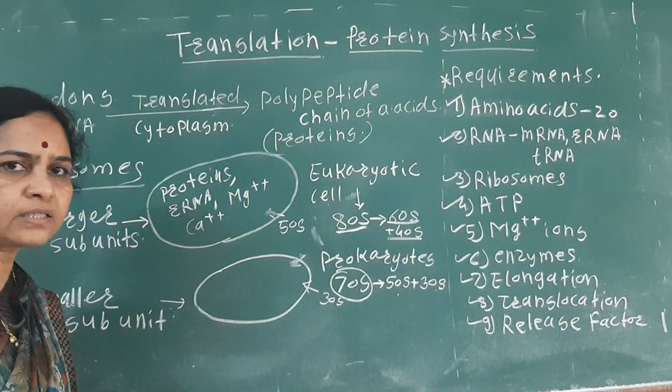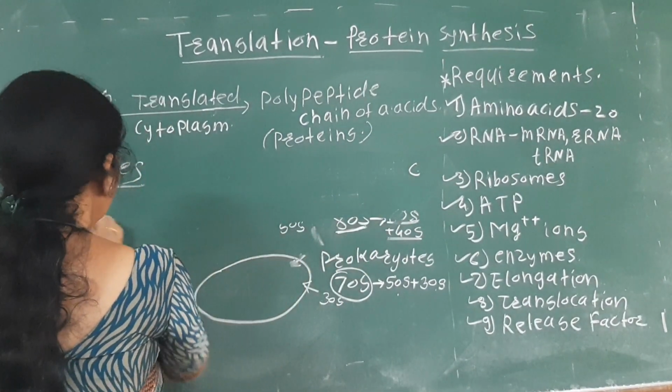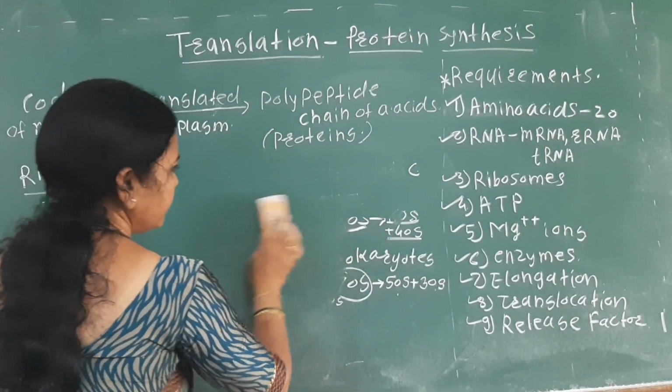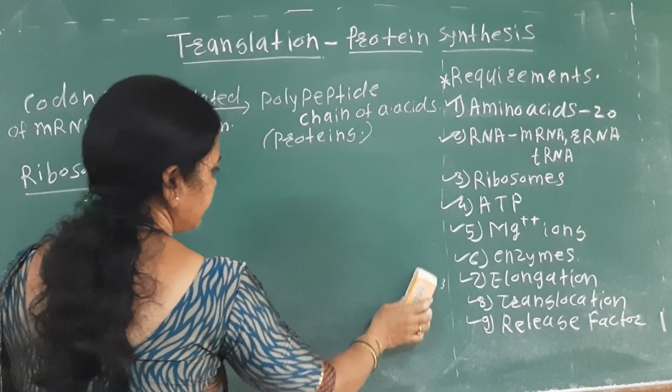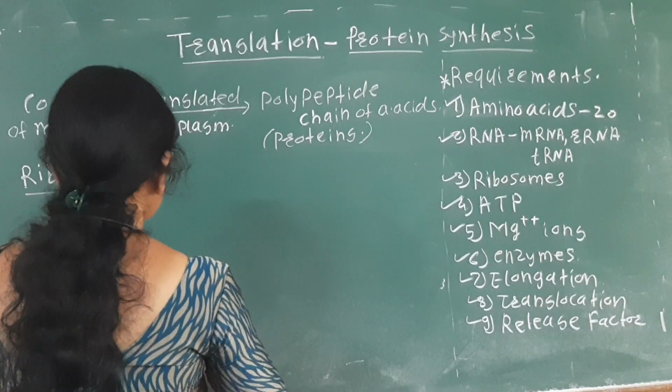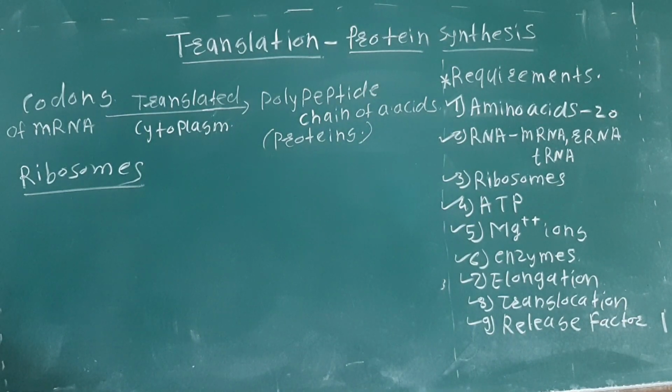So next, let us see the structure of the ribosome. During protein synthesis, that is during polypeptide chain formation, the two subunits of the ribosome combine or bind together, and there are binding sites for the smaller subunit and the larger subunit.